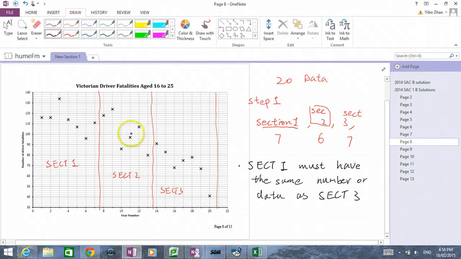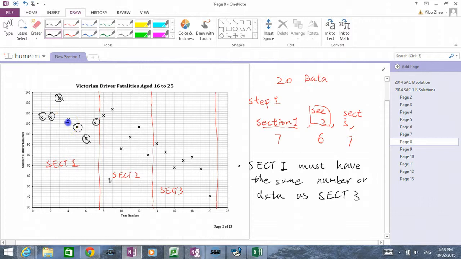Then I try to find the middle number in section 1, the vertical middle number. So what I do is I find the highest number vertically, take it out, and the lowest number I take it out. I find then the next highest one, the next lowest one, the next highest one, the next lowest one.